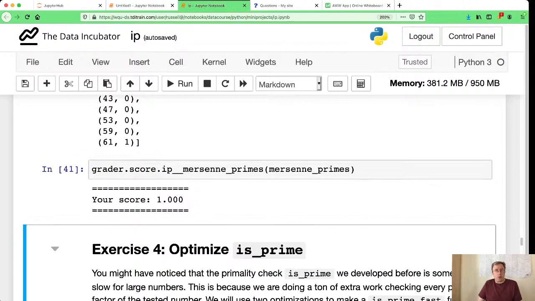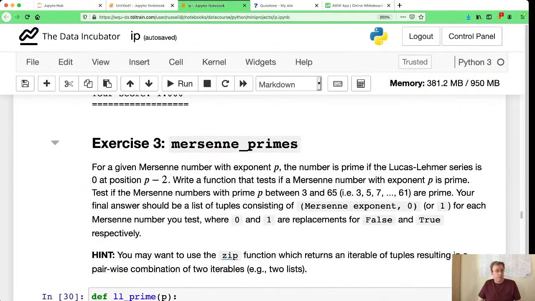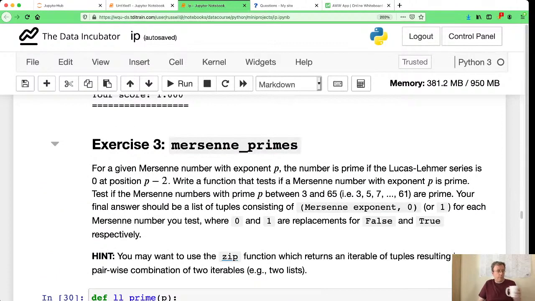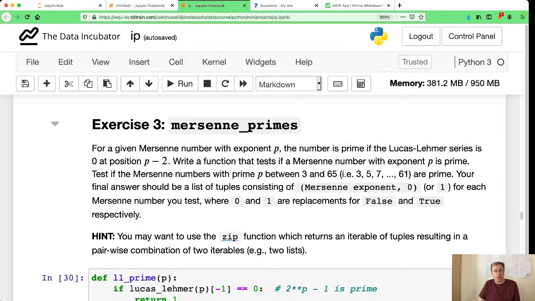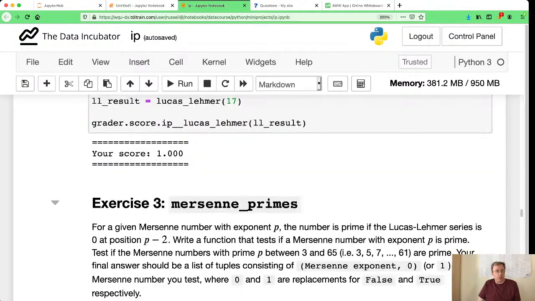So is there any question on what I did here on exercise 3? Right, it's putting these pieces together that we've created before, right? We know how to create the Mersenne numbers for a given exponent.